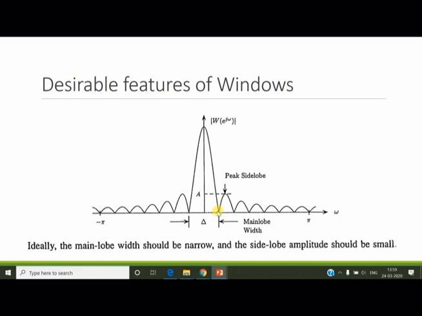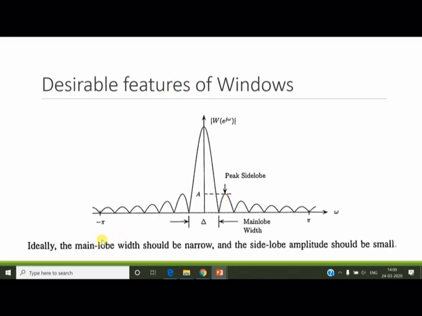All types of window functions will be either a sinc or sinc-like function. In the sinc or sinc-like functions, the two primary parameters we are looking at are the main lobe and the peak side lobe.